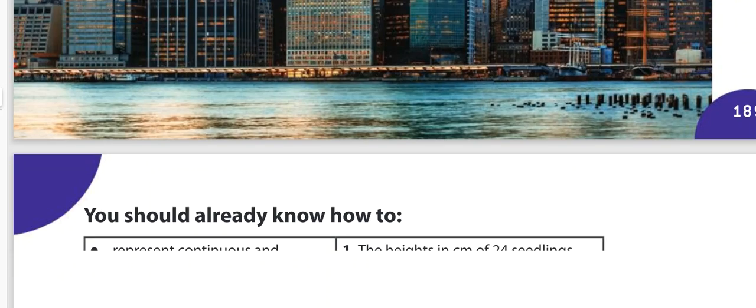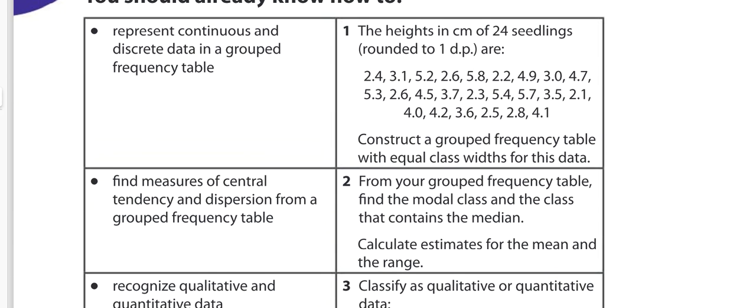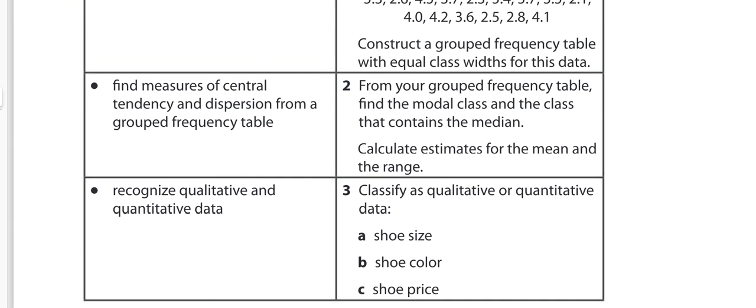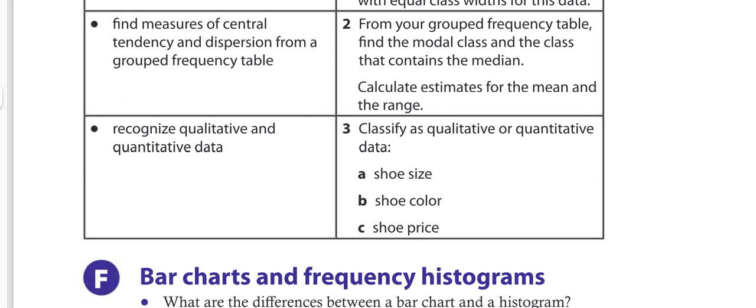Just to remind you what we've done, what you should already know about continuous and discrete data. Right. Measures of central tendency. Right. From grouped data, so that came in 4.1 and 4.2. Know about qualitative and quantitative data. So this is purely 6.2.